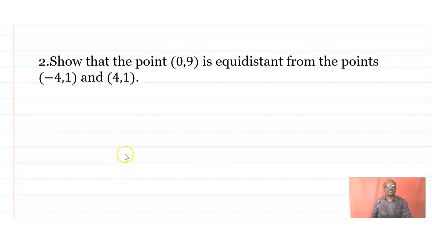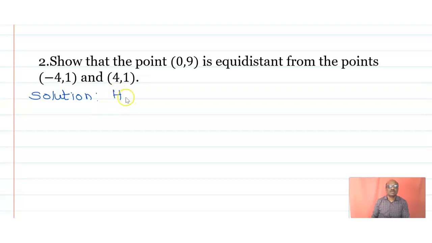Now the next question. Solution. Show that the point (0, 9) is equidistant from the points (-4, 1) and (4, 1) is the question.